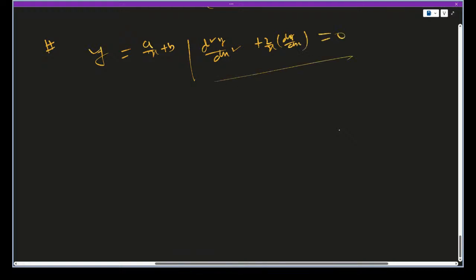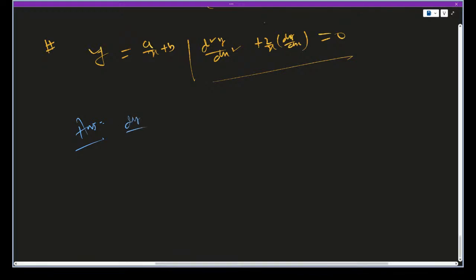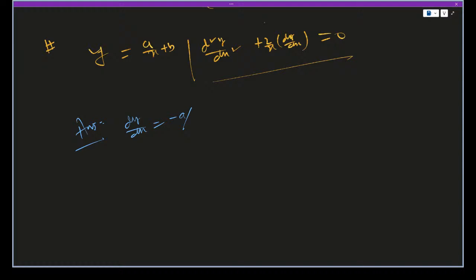Like y equal to a by x for this. Check once whether it will be solution or not. Y equal to a by x plus b. A by x, b is not with it. Okay?